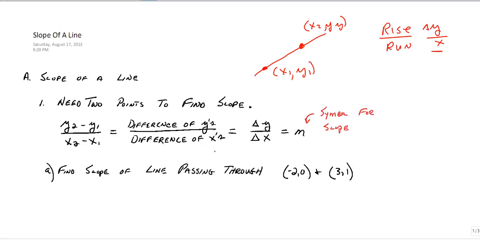So that's how we come up with a little notation called delta y over delta x, which is the change in the y values over the change in the x values. And in the equations that we use, some of them will have y equals mx plus b as a standard equation. M is going to be the notation we use for the slope.